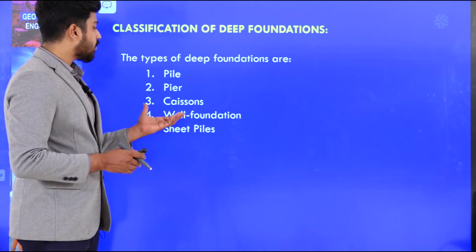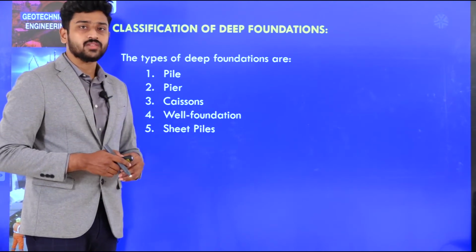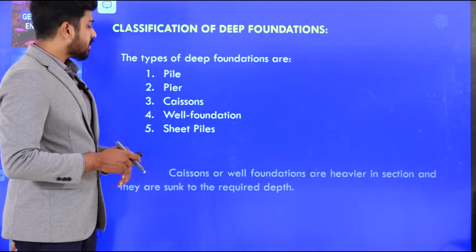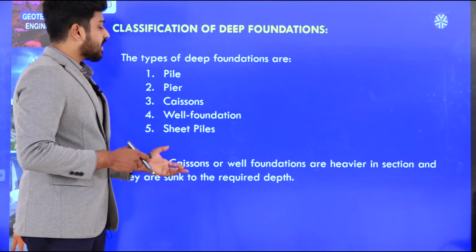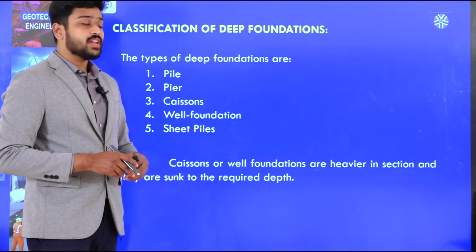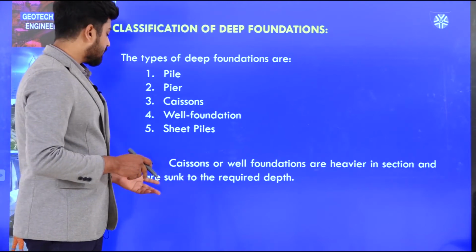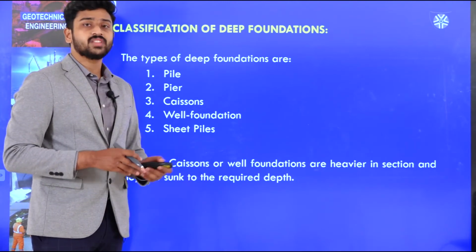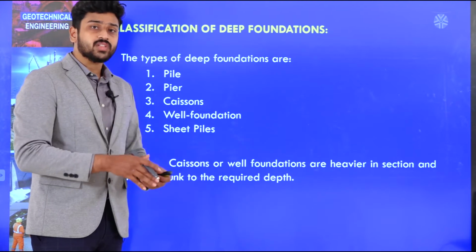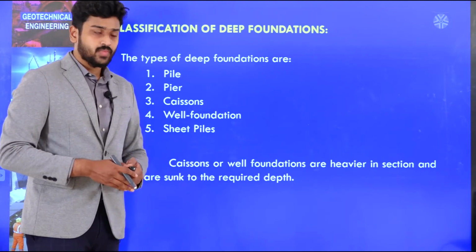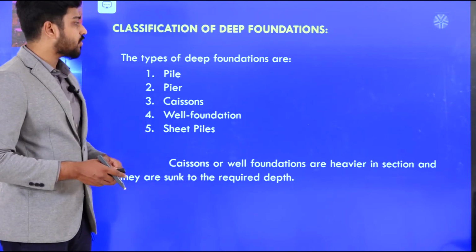However, we will understand about the other foundations in the upcoming lectures. And here one thing you need to understand: the caissons and well foundations are very heavy in section and they are sunk to the required depth. That means these are very heavy and have to be sunk to the required depth. Okay, only for caissons and well foundations.